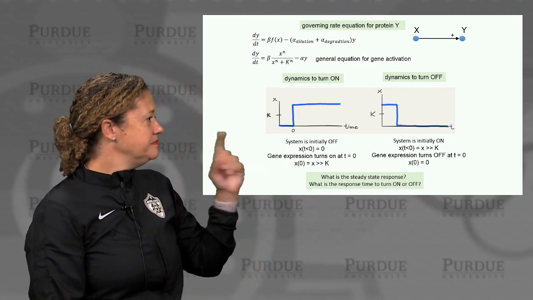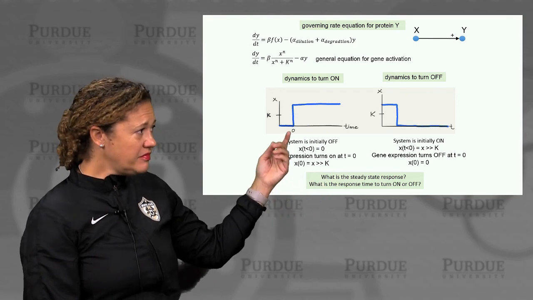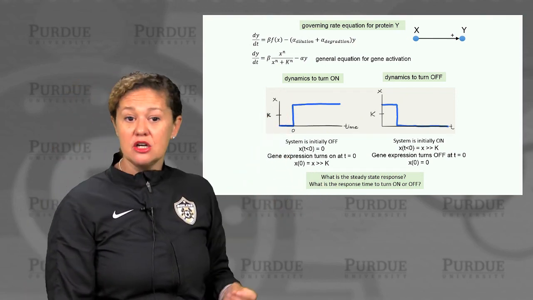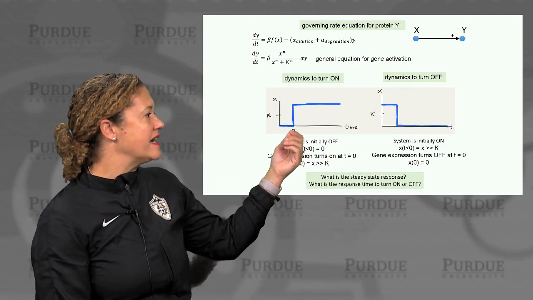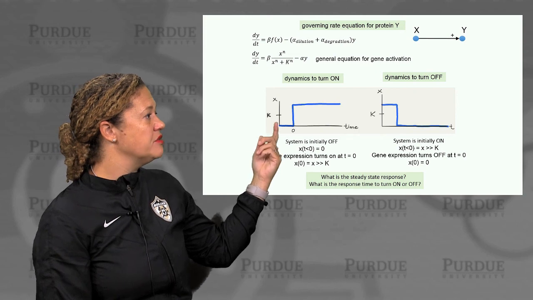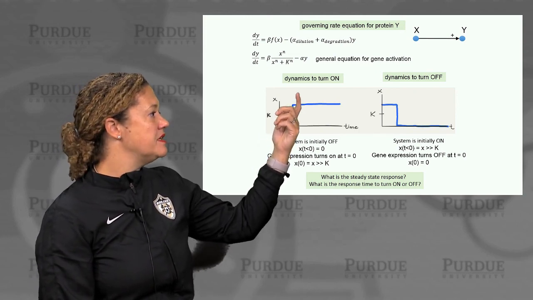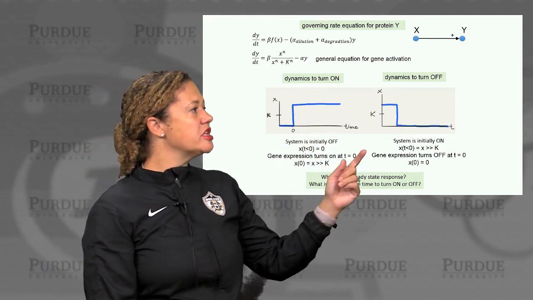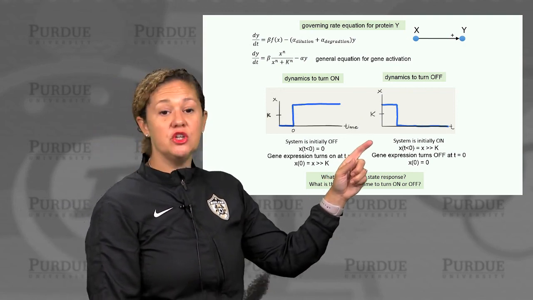And so then at some time, which we'll define as time equals 0, suddenly we have a large amount. What is large? Large is relative to our K. So we have a lot of activator relative to our threshold value instantaneously at time equals 0, and that stays on and is constant. Conversely, we'll look at the dynamics to turn off, where initially the system is fully on.